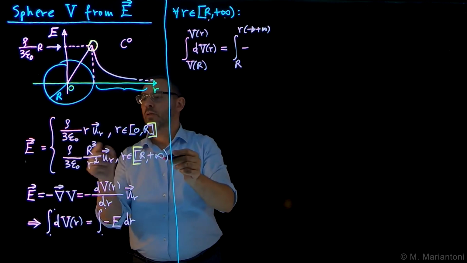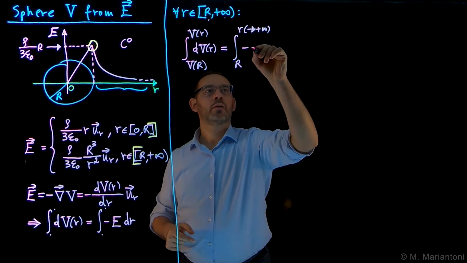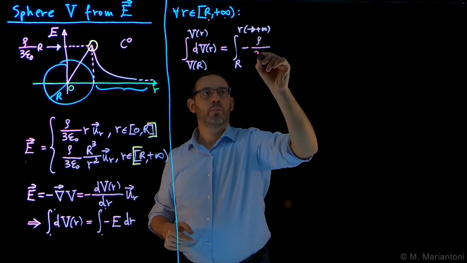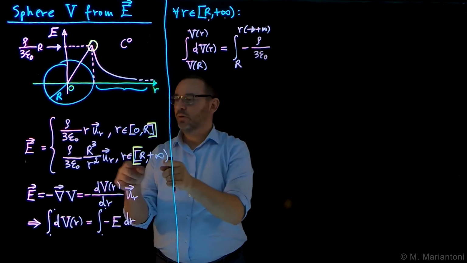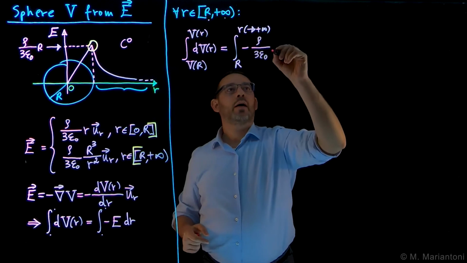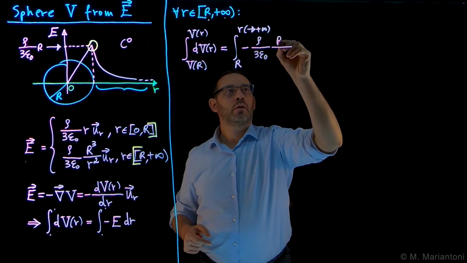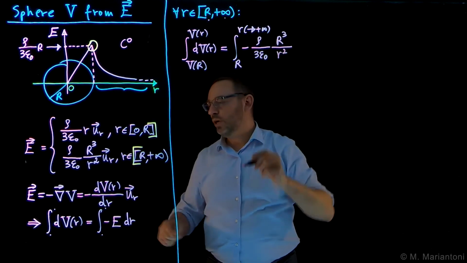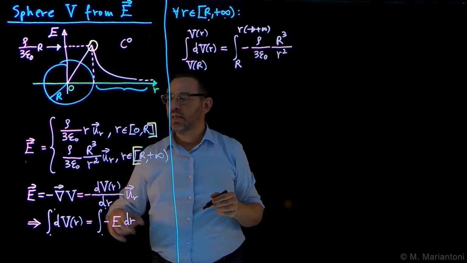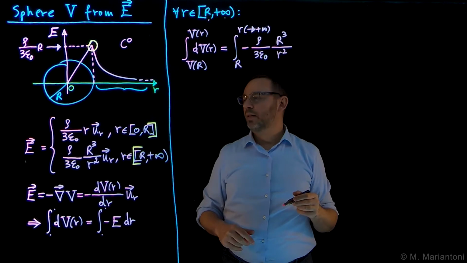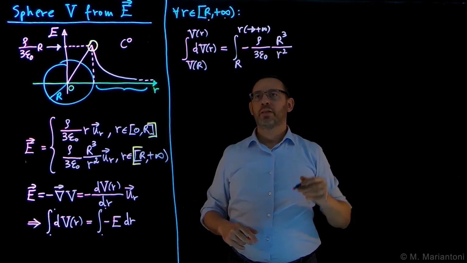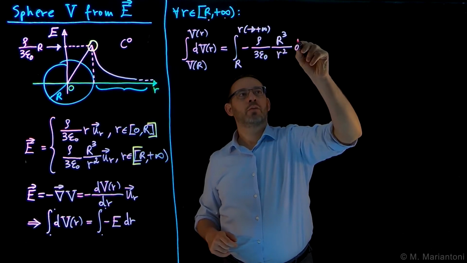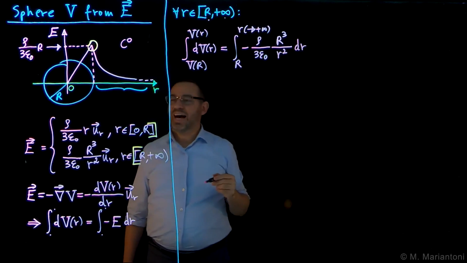In this region here. So it's rho over 3 epsilon naught, capital R cubed divided by small r squared. We already got rid of the u_r, as we have done here. We're only looking at the components at this point. And this quantity has to be integrated with dr.